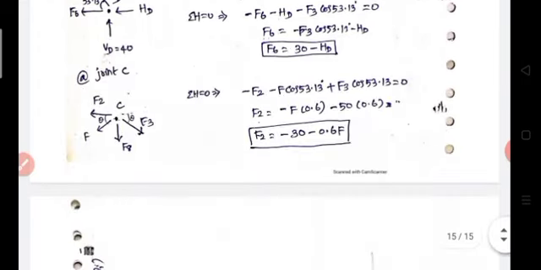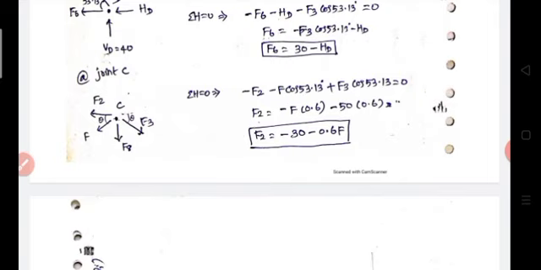Then take joint C. At the joint C, there are 4 members connected, out of which we already know the values of 3 members. F3, F8 and F10 are known, so the only unknown is F2. In this joint you may use either the horizontal or the vertical equilibrium equation.